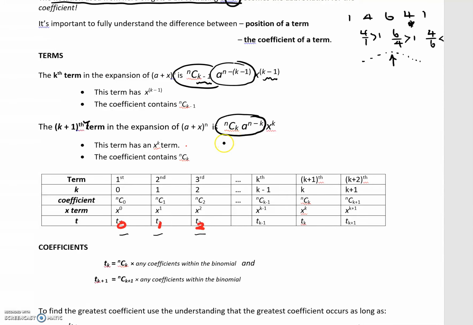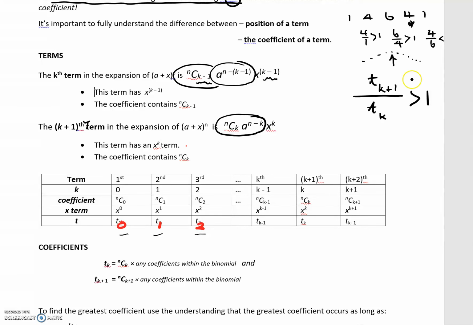The formula for calculating this ratio between terms is we look at, and lowercase t is the abbreviation for the coefficient, the k plus 1th coefficient, that ratio over the one before it, the coefficient called the kth coefficient. We look for that to be greater than 1.